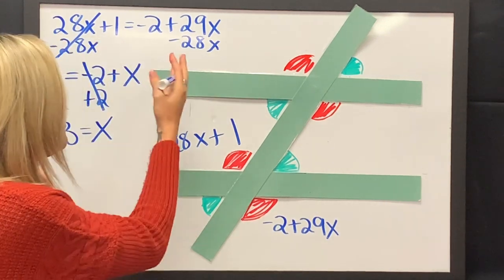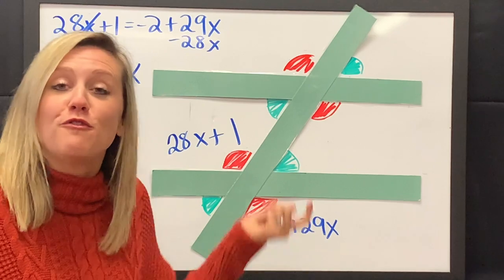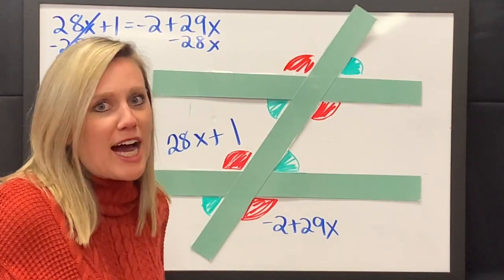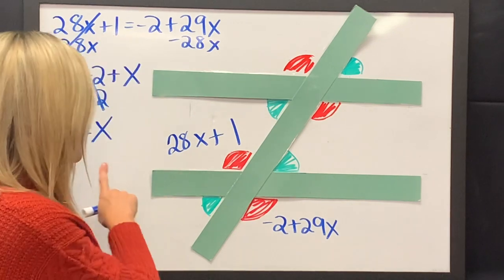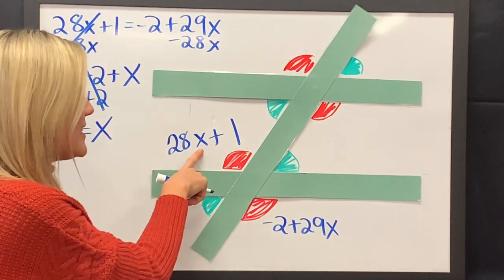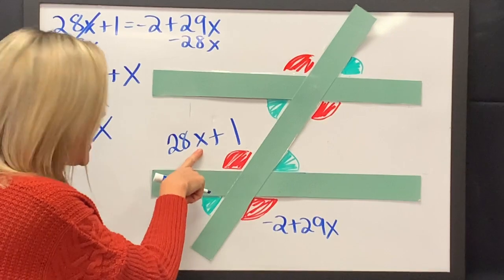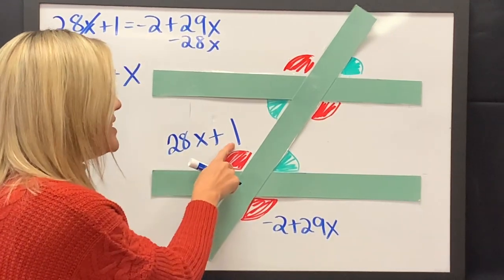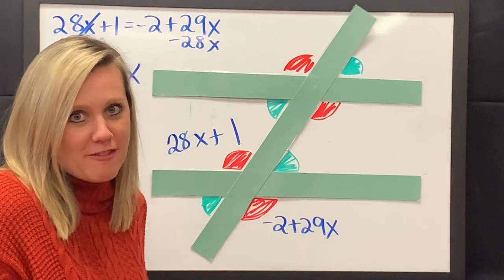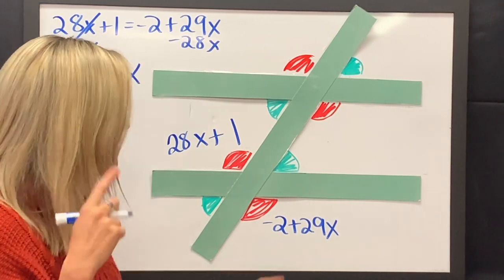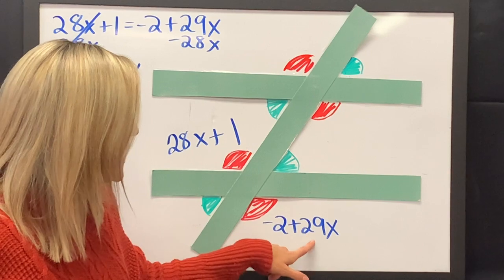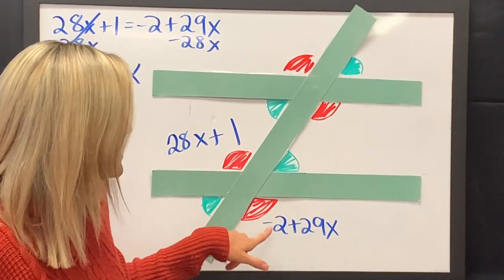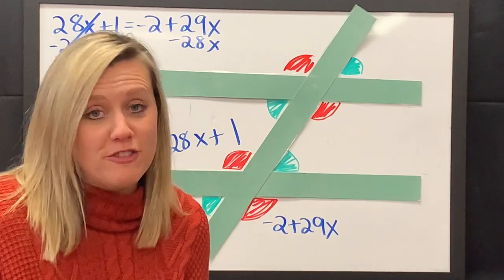I'm kind of going through this a little bit fast because I want to focus on the angles. Now that I got x equals 3, I just want to double check my work by plugging my 3 into my x. So 28 times 3 is 84, and then if I add 1 to that, I get 85. Okay, so remember 85. This one, 29 times 3 is 87, and then plus a -2 would also give me 85.